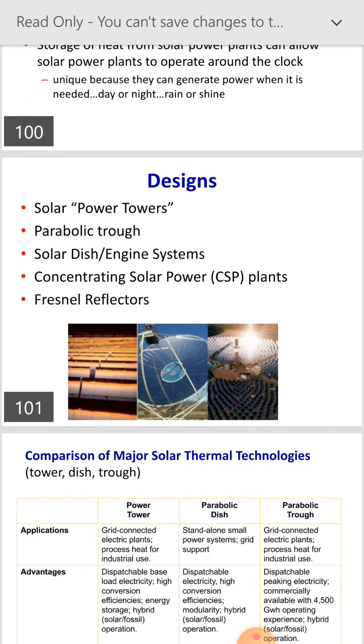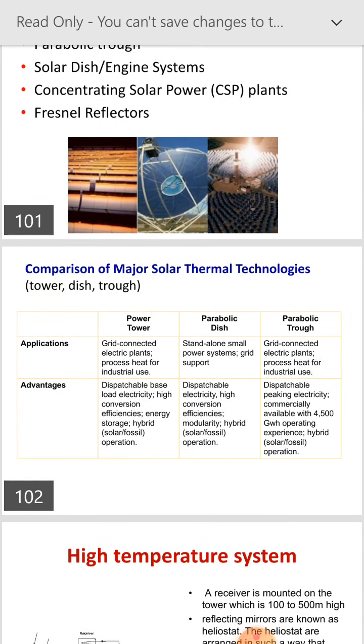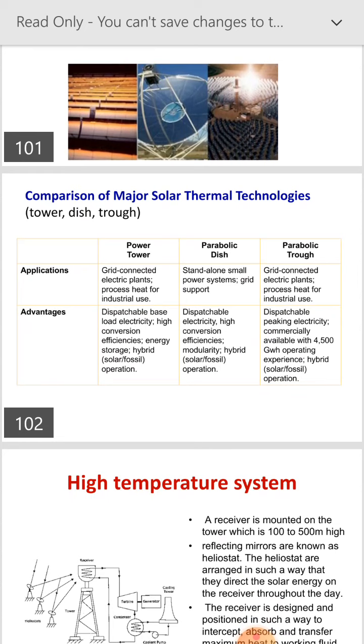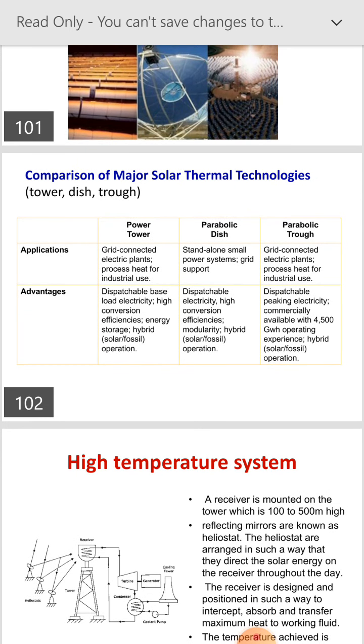Design: solar power tower, parabolic trough, solar dish, concentrating solar power plant, Fresnel reflectors. Comparison of major solar thermal technologies. Applications: tower, dish, trough. Application: grid connected electric plant, process heat for industrial use. Parabolic dish: stand alone small power system, grid support.